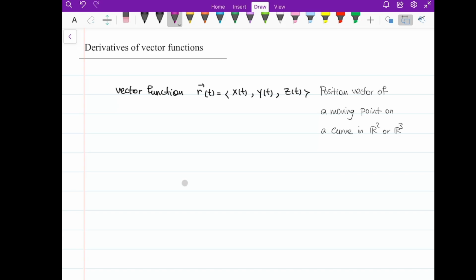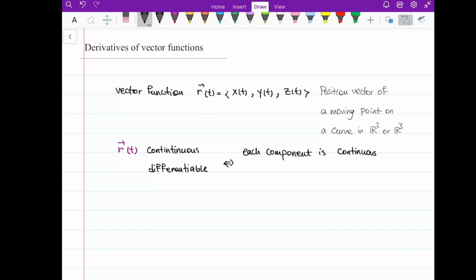Then we're going to say that the vector function r of t is continuous or differentiable if and only if each component is continuous or differentiable.